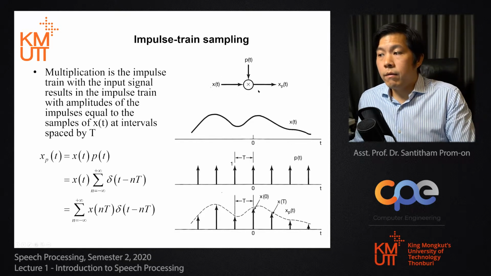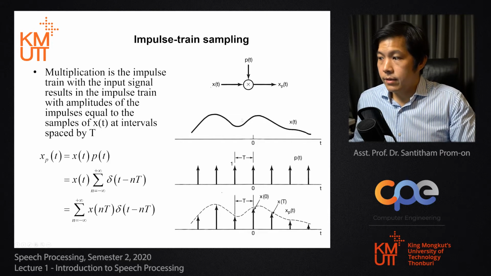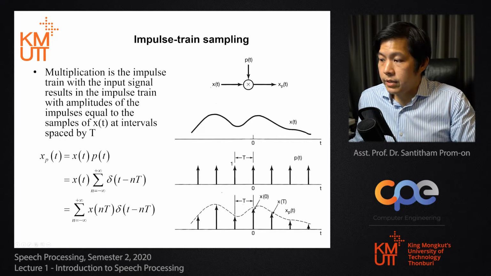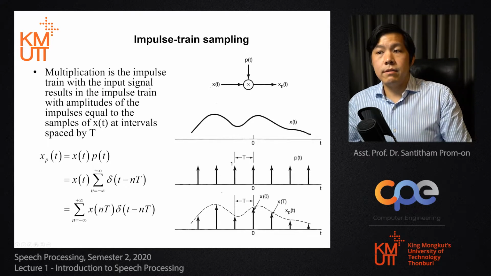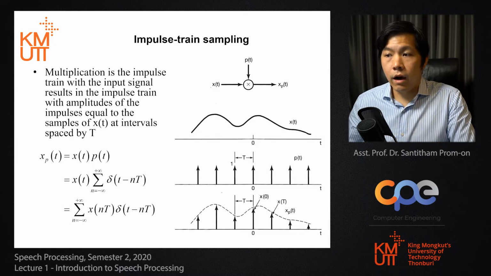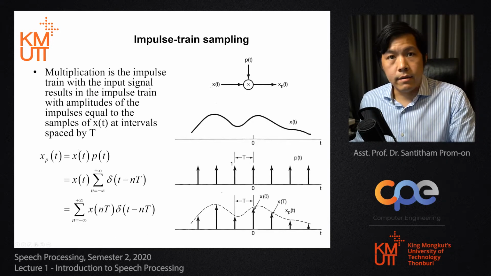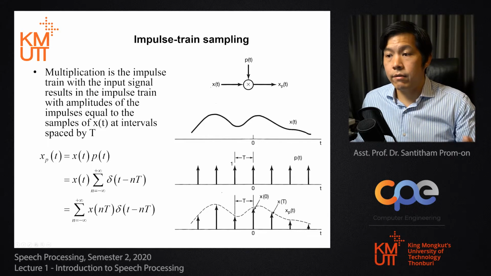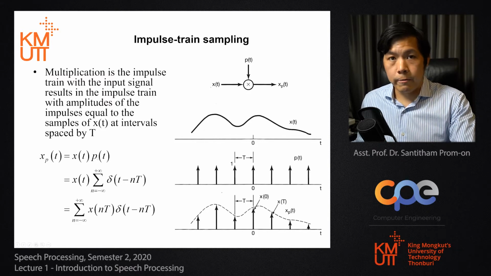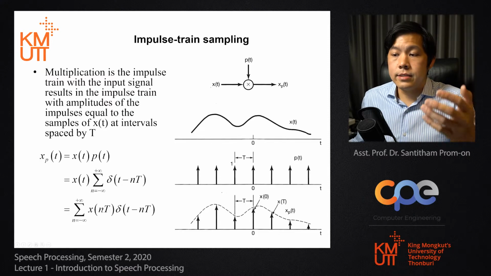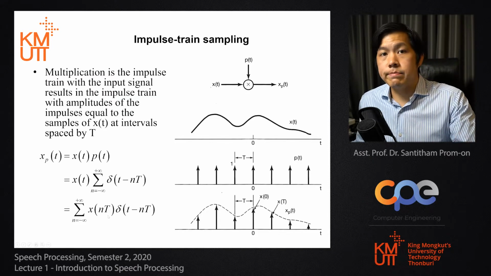When you multiply the two signals together, the result at each impulse location is represented by just the data at that point. So this is a mathematical representation of sampling, right? By multiplying the two signals, x(t), which is the analog signal, and p(t), which is the impulse train, what you get is the value of x(t) at specific time points.